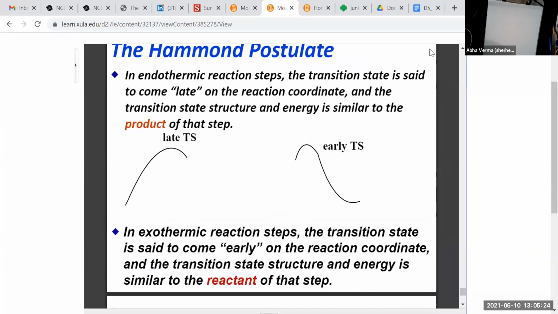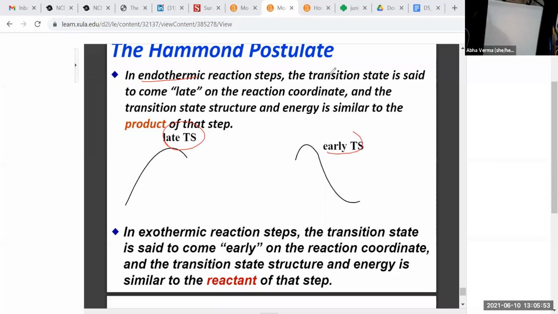We will also be looking at exothermic or exergonic, or endothermic or endergonic kinds of reactions. For an endothermic reaction, your transition state will resemble more of your products.